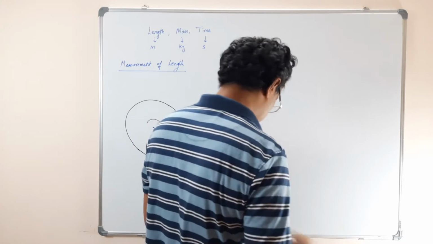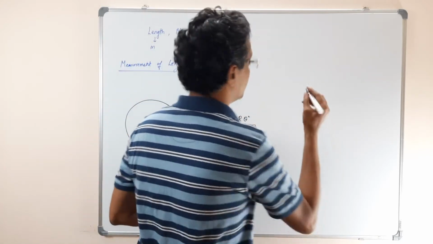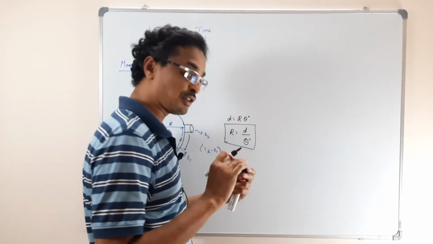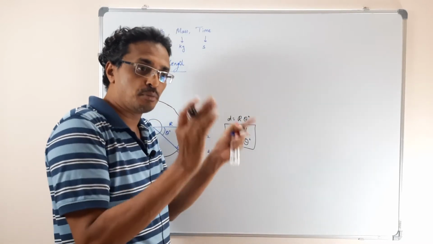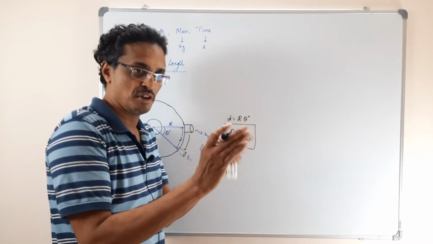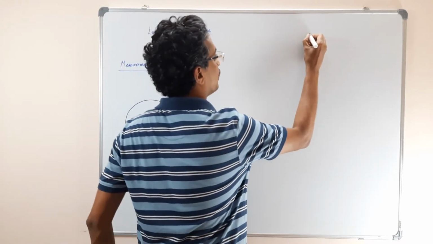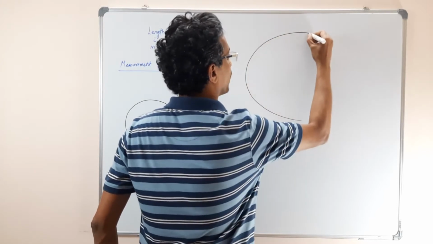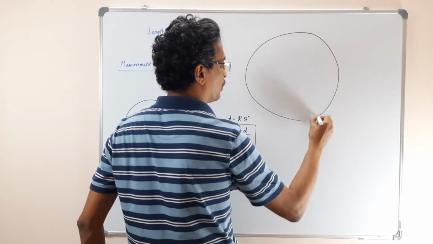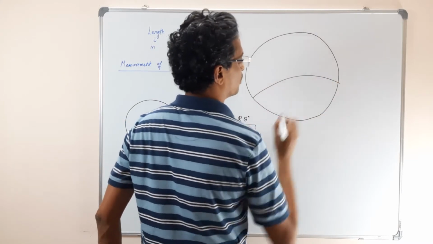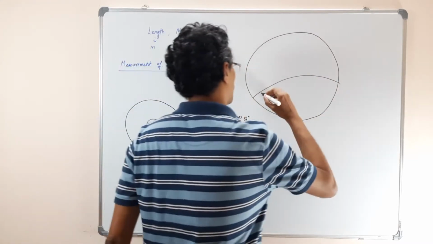Interestingly, what they first found was the ratio between the radius of the earth and the radius of the moon. How they find it is, they take a snap of the moon during a lunar eclipse. During a lunar eclipse, what happens? The shadow of the earth will fall on the moon. Correct? So this will be the lunar eclipse.